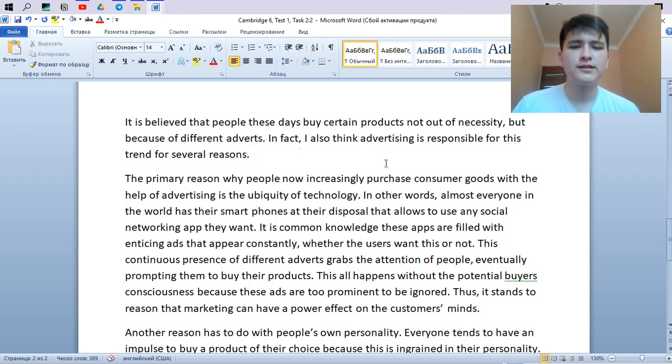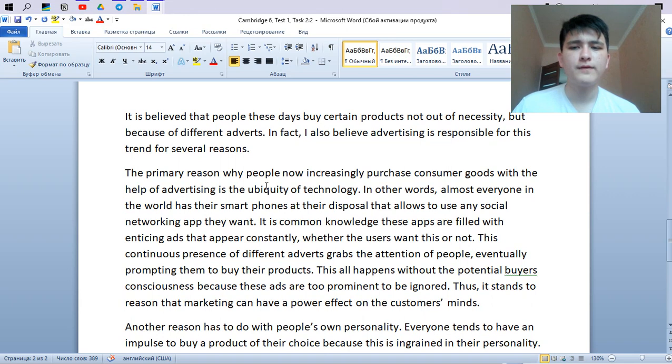In fact, I also believe advertising is responsible for this trend for several reasons. I guess there's nothing wrong with repeating the word believe.